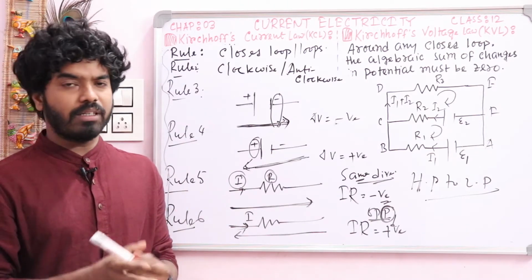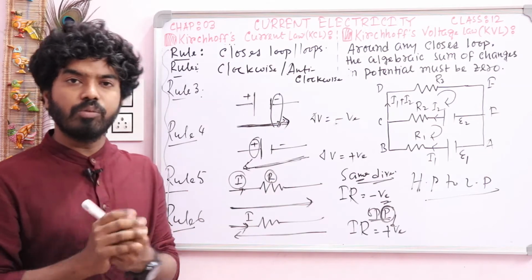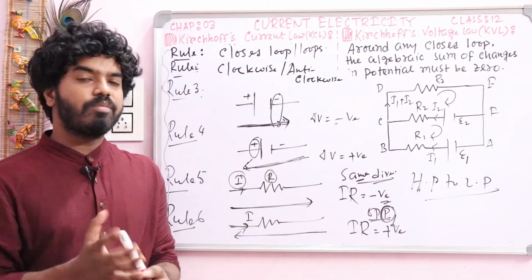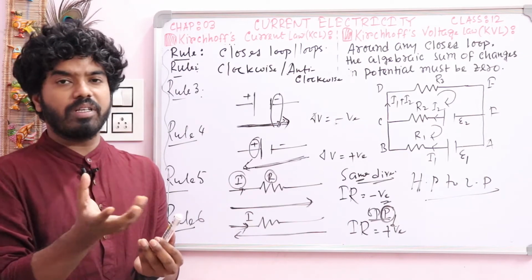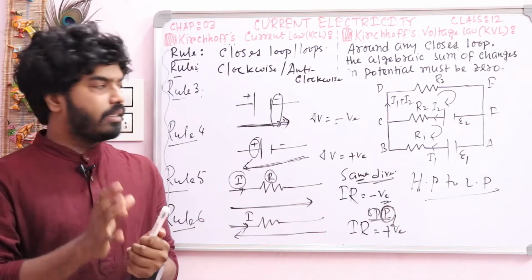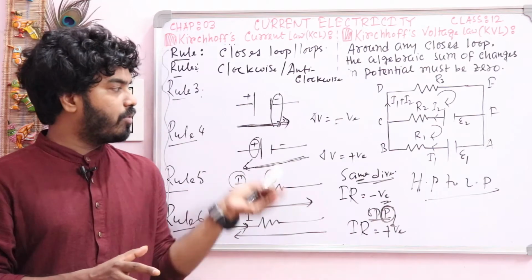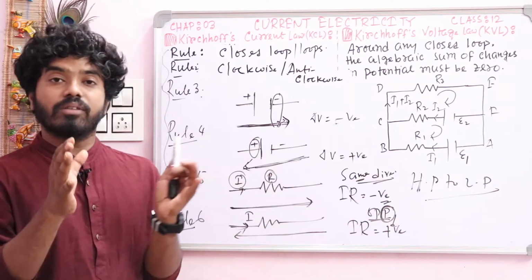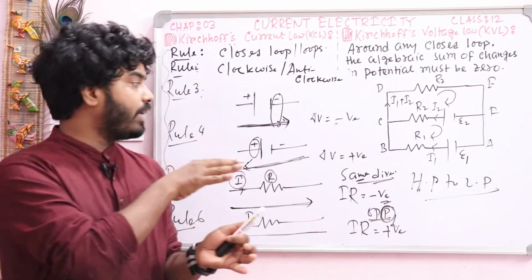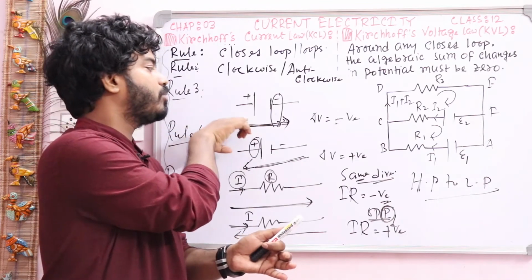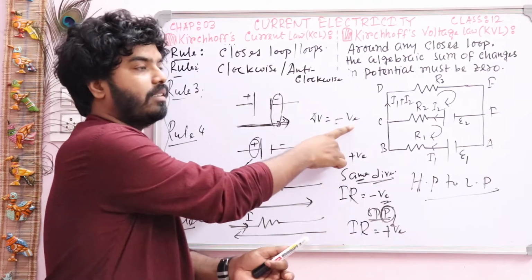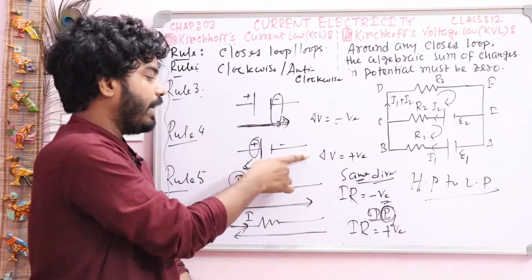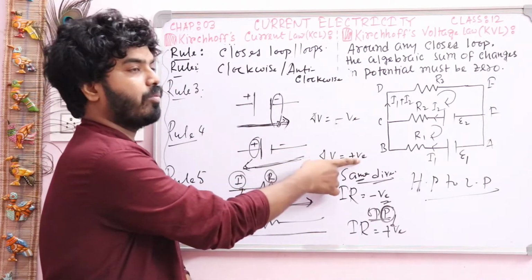Rule number 1: at first consider a closed loop or loops. Then consider any particular direction, maybe clockwise, maybe anti-clockwise. Then follow these four rules. For a battery or cell, when you end at negative, the value will be negative; when you end at positive, it will be positive.